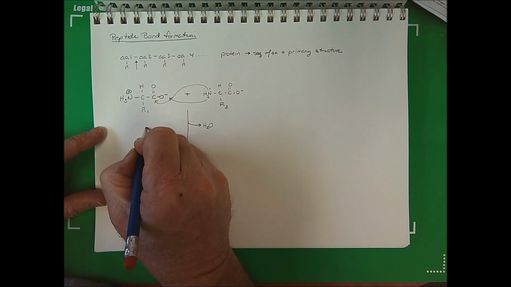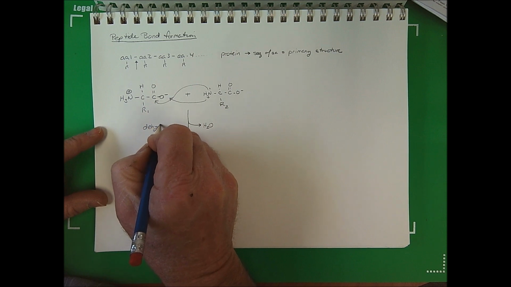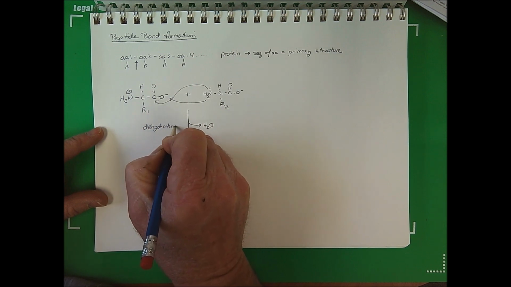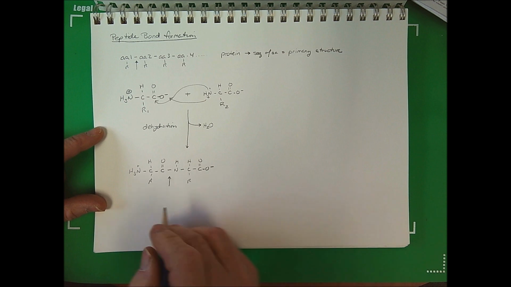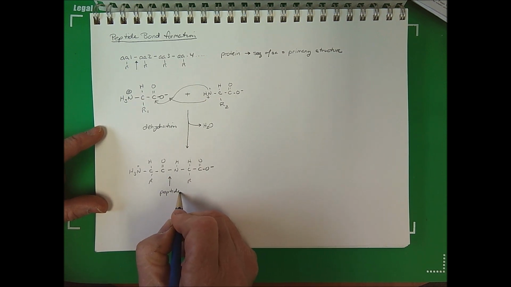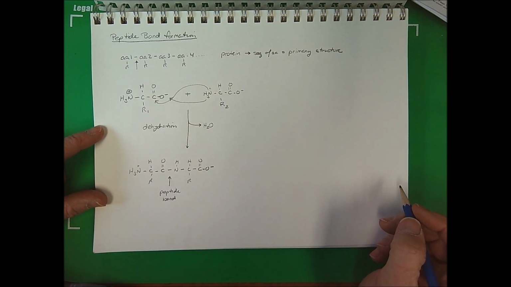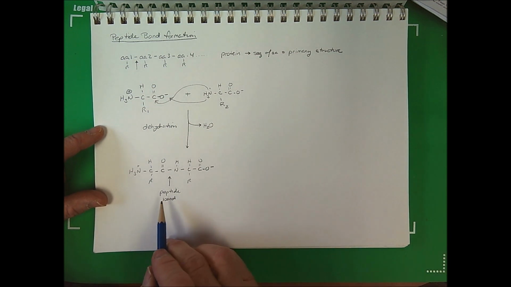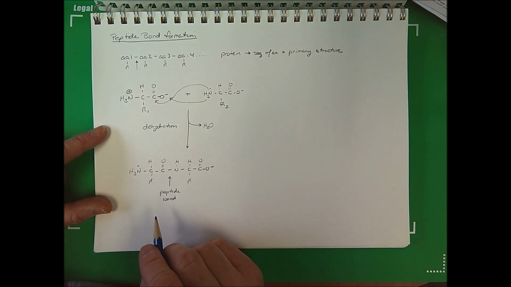So this is a simple dehydration reaction to form this bond, which is called the peptide bond. We'll talk more about the interesting characteristics of the peptide bond when we talk about protein folding.